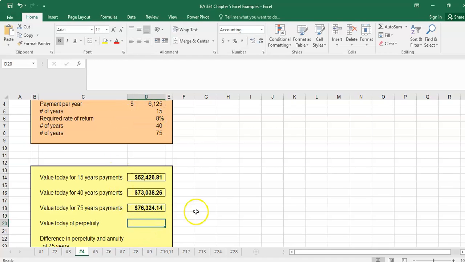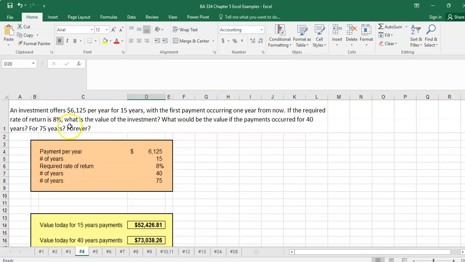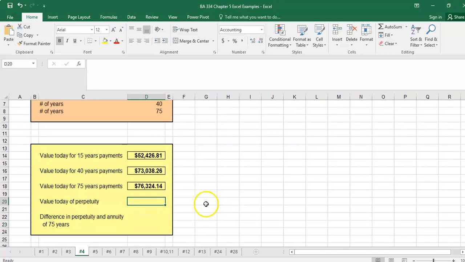So if you remember, perpetuity is regular payments forever. So they don't have an end date like an annuity does. An annuity has an end date. Perpetuity is regular payments forever. So perpetuity calculation is payment divided by the interest rate.